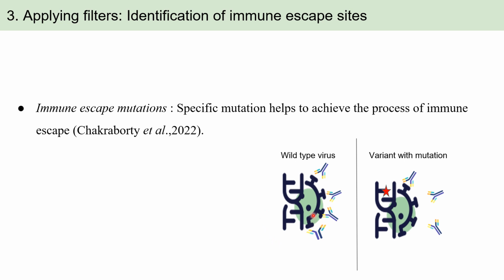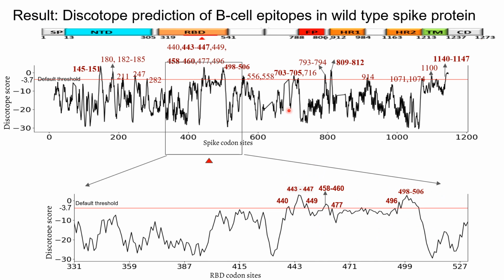Say we have a wild type virus, and the antibodies are able to recognize the epitopes, whereas with the variant with the immune escape mutation, the antibodies fail to do so. In this result, we have used the structures of SARS-CoV-2, the wild type, and we used DiscoTope for predicting the B cell epitopes.